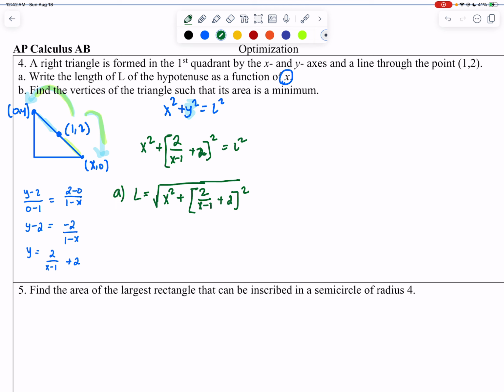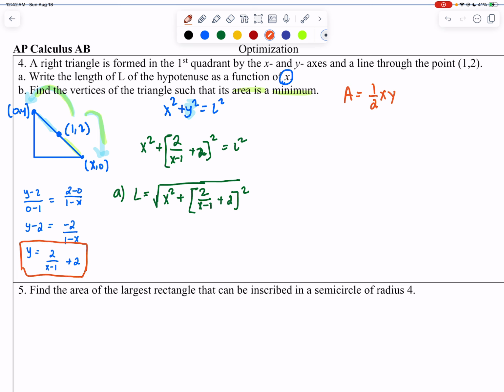Now for part B, it says find the vertices of the triangle such that the area is a minimum. So in order to do that, since we're talking about the area of a triangle and we want to optimize that, that's going to be my primary equation. So my primary is going to be 1/2 x times y. Well, guess what? We already have my secondary equation, this thing that we just found earlier using slope.